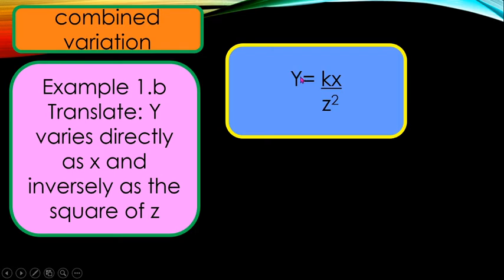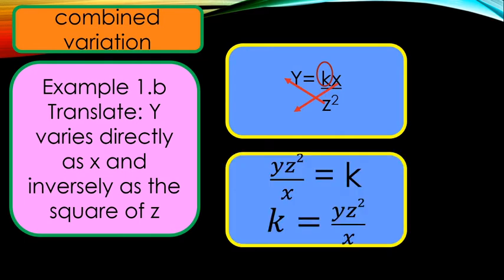So we can translate that into Y equals K, our constant of variation, times X, then inversely means divide to the square of Z. So you're going to put square here into Z. Now to find K, cross-multiply Z square here and X. So we get K equals Y times Z square divided by X, or K equals YZ square divided by X.